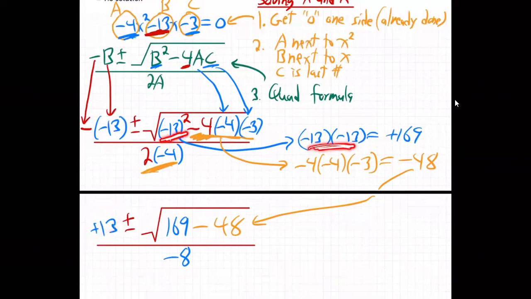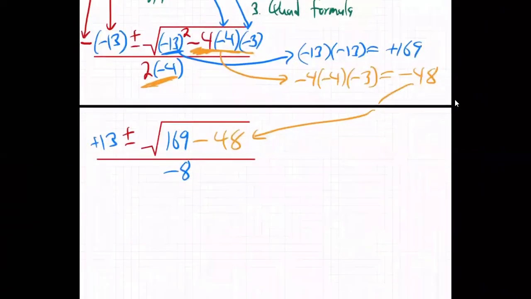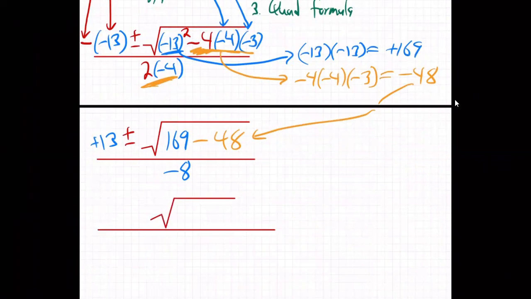Negative 13 squared, 2 negatives, positive 169. Right here, 3 negatives, negative 48. Multiplying on your calculator. Okay, let's keep going. So next step, we're still rolling. Kind of a long deal, but it's getting nicer.